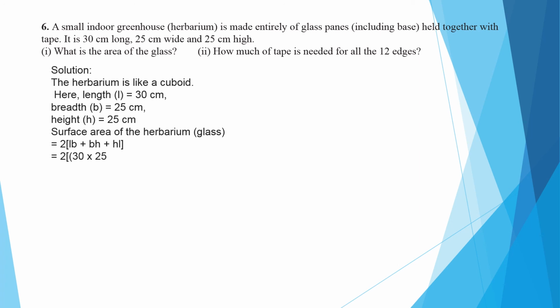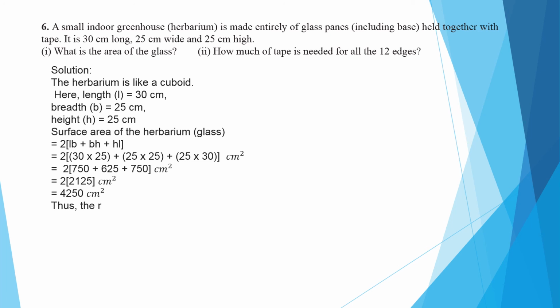Okay, now substitute all those values, 30 into 25 plus 25 into 25 plus 25 into 30. So on calculation we are getting 2 times 750 plus 625 plus 750. On adding we are getting 2 into 2125 centimeter square, that is 4250 centimeter square.